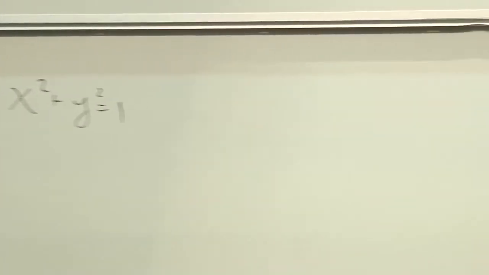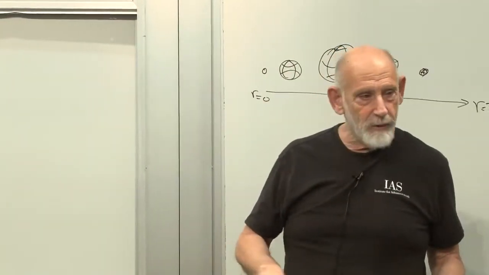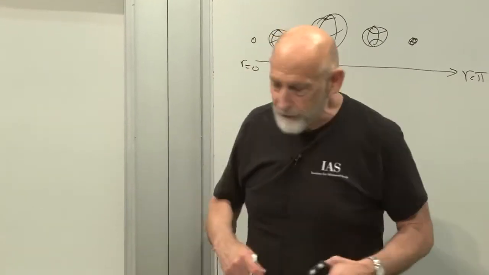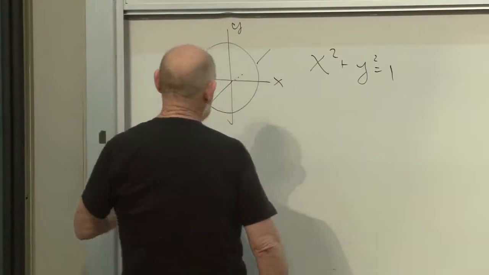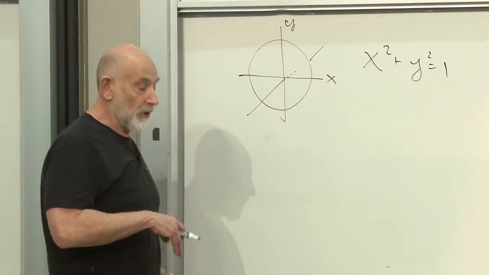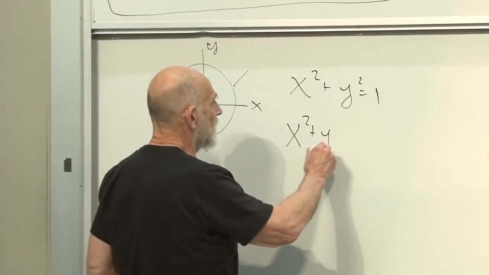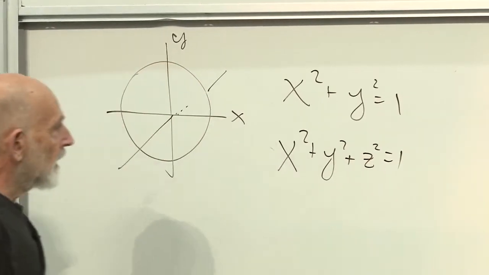But again, if you thought about a world, flatland, where creatures can only receive light from within the surface itself, then the extra dimension would just be a trick for describing the sphere. We would describe it as x squared plus y squared plus z squared equals 1.